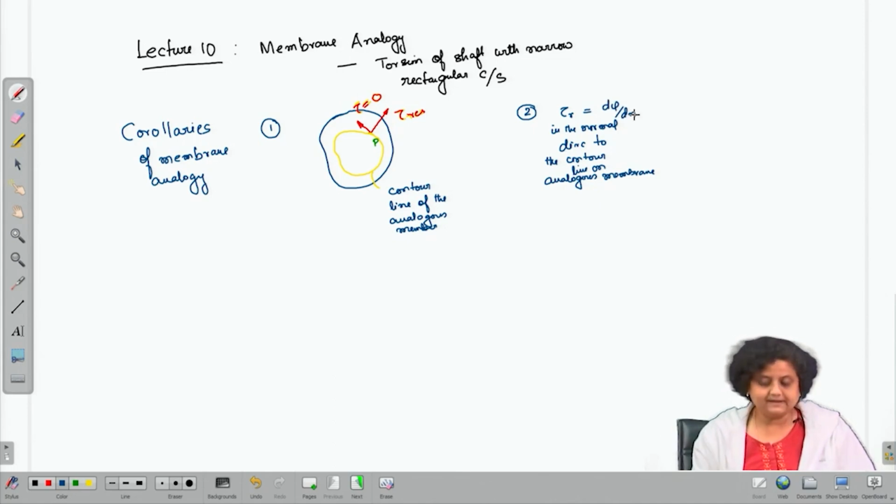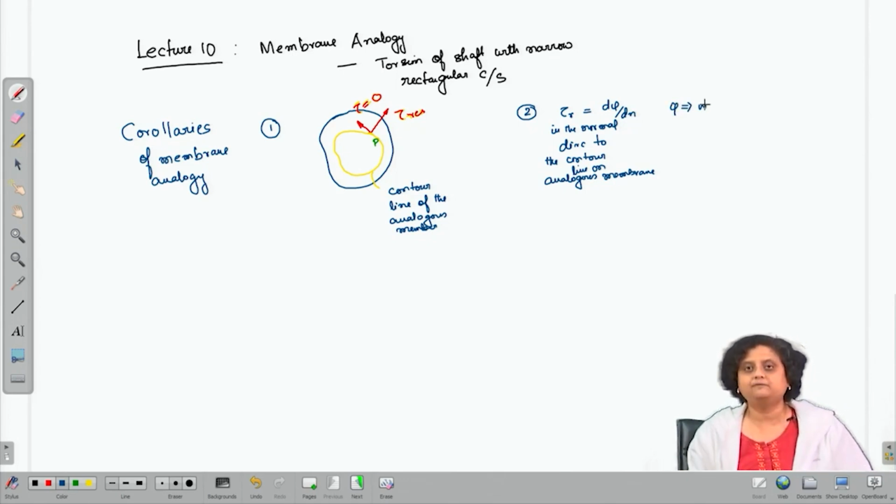Now phi is analogous to W, or the out of plane deformation of the analogous membrane.